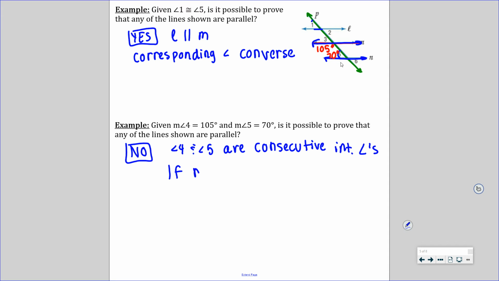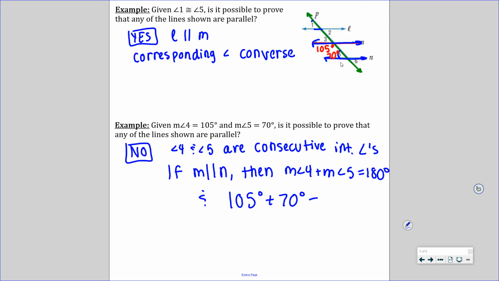If those two lines were parallel, then those two angles would be supplementary, or you could say they'd add up to 180. And 105 plus 70 does not total 180.